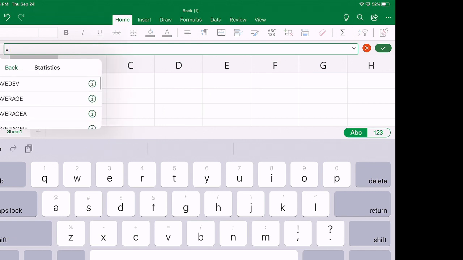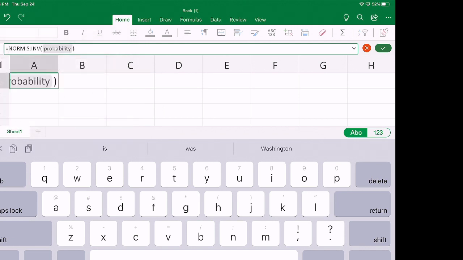I have to choose it. Normal. I believe it's nor. And I want to do the inverse. And I just have to put the probability here. So that's how I would use. Let's see. So I put in there the probability, which was 0.940, right?